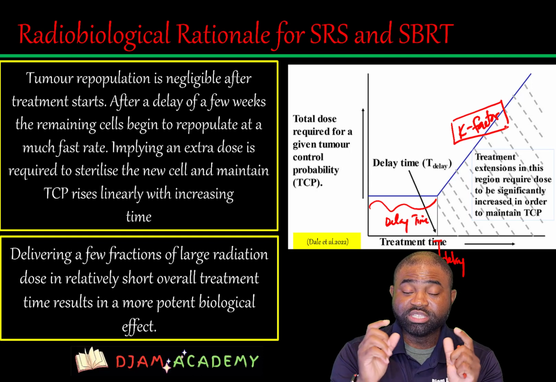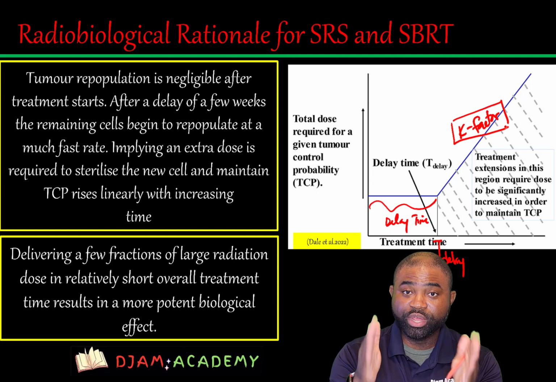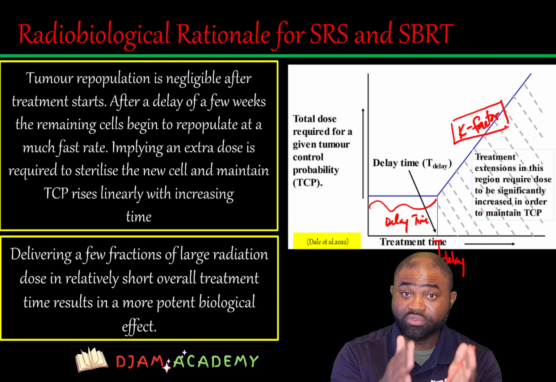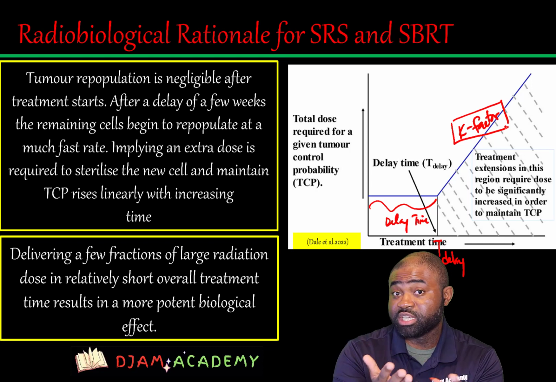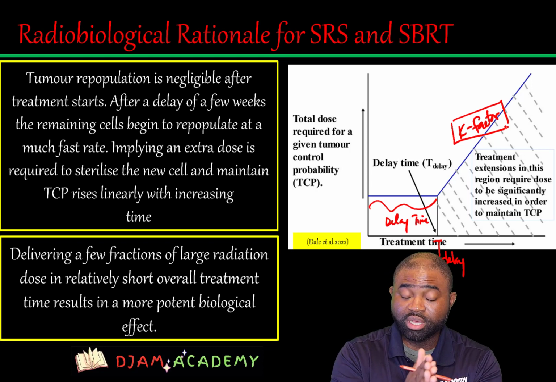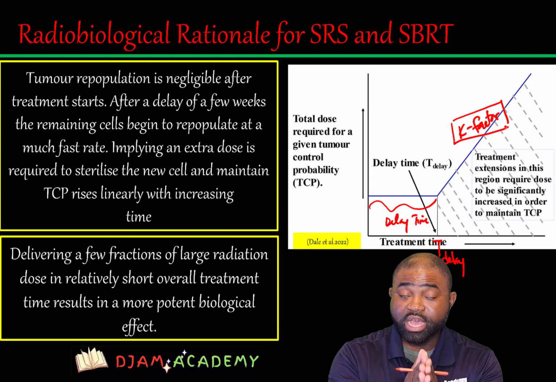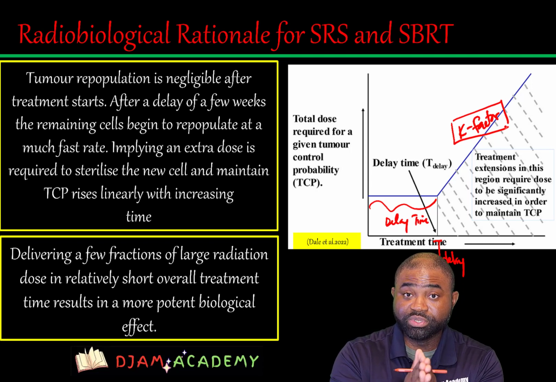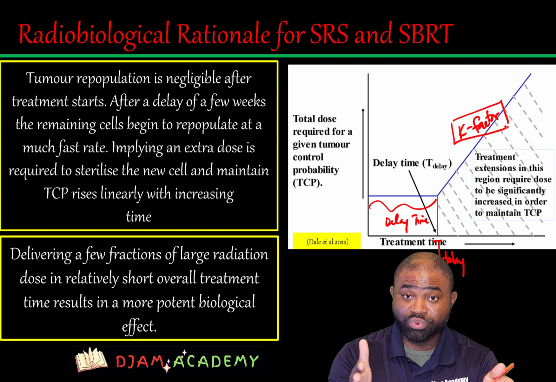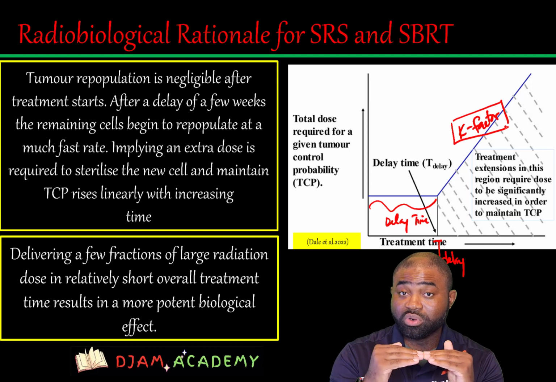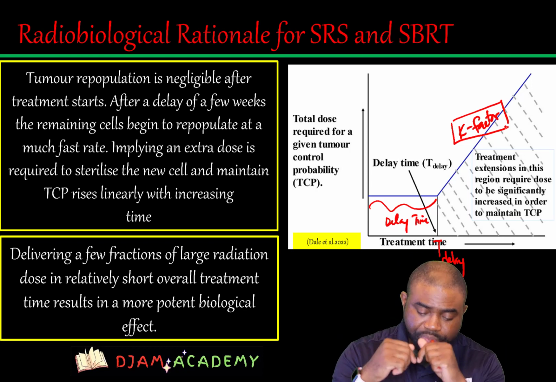And so this gives us a good window to ablate and sterilize the cells before accelerated repopulation begins. And I see it as a win-win for everybody. And so we are able to therefore deliver a higher biological effective dose within a period within which tumor repopulation is relatively stable or almost zero.